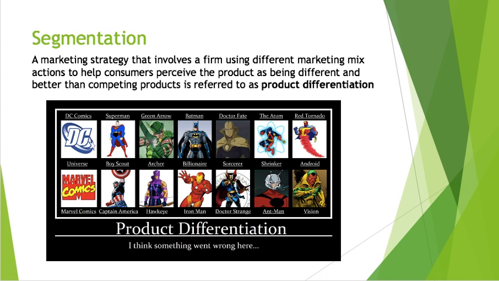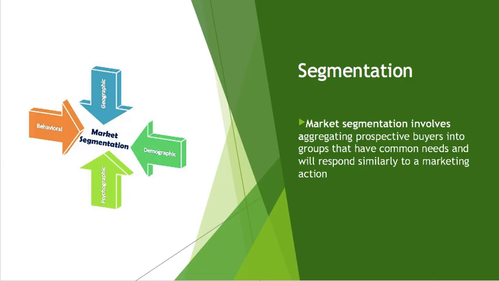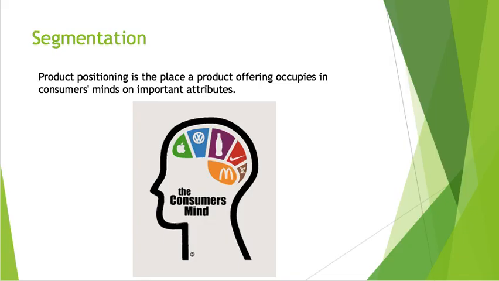A marketing strategy involves a firm using different marketing mix actions to help consumers perceive a product as being different and better than competing products. Know that definition of product differentiation. This is how we set ourselves apart from our competitors. Again, market segmentation: you are aggregating prospective buyers into groups that have common needs and will respond similarly to marketing action.